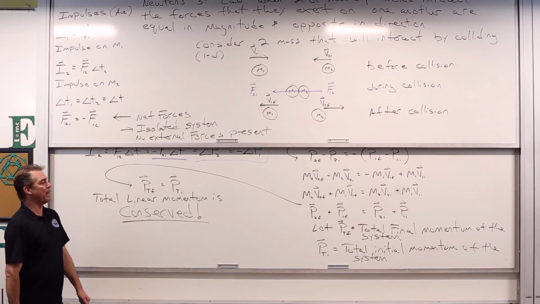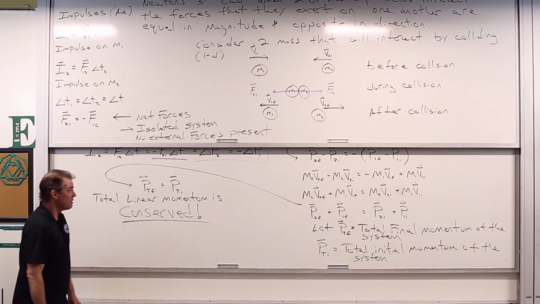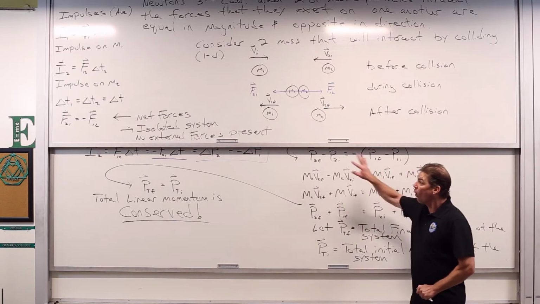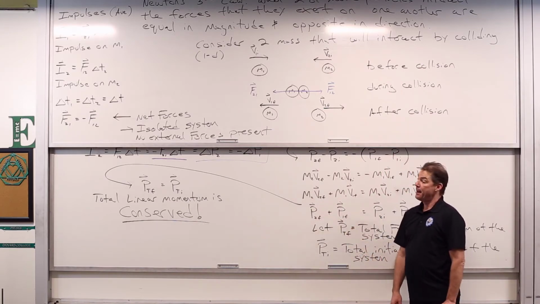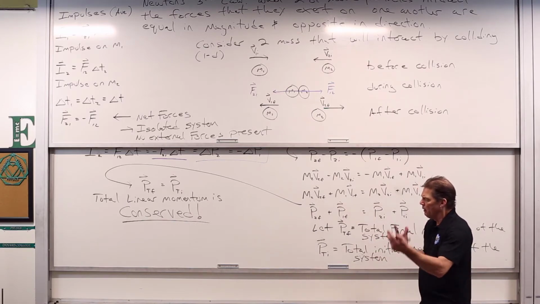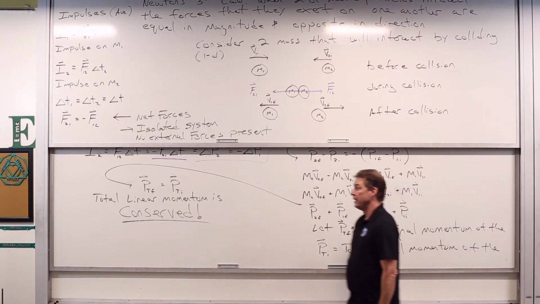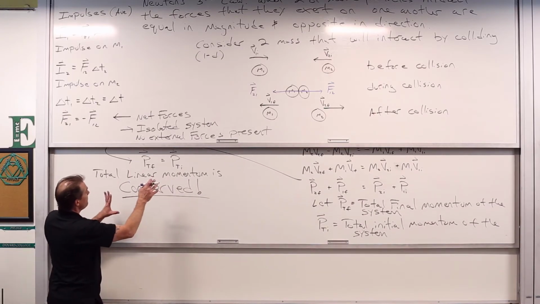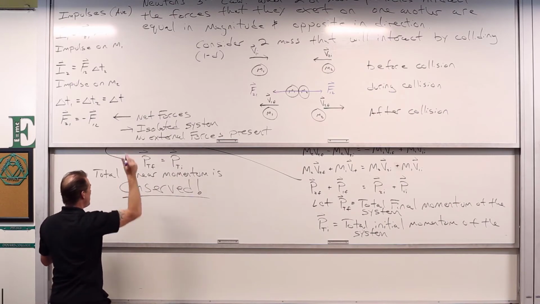This is what makes momentum an important quantity and desirable to define and look at, because in systems in which the force of interaction between the two objects is the only force, momentum is a conserved quantity. And that can be utilized to solve problems and harness relationships between things. It's a really, really important aspect. So this can be rewritten further, because what we can do is take P total initial and subtract it from both sides.